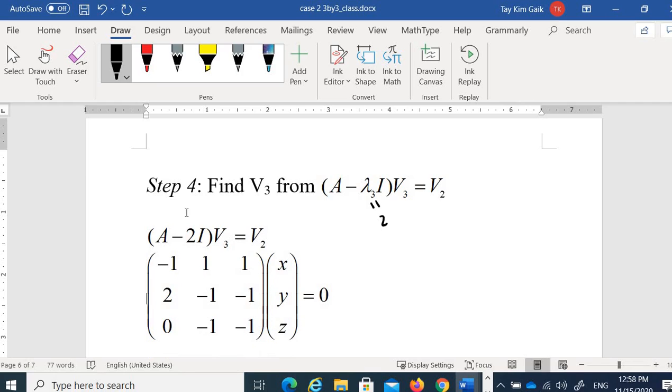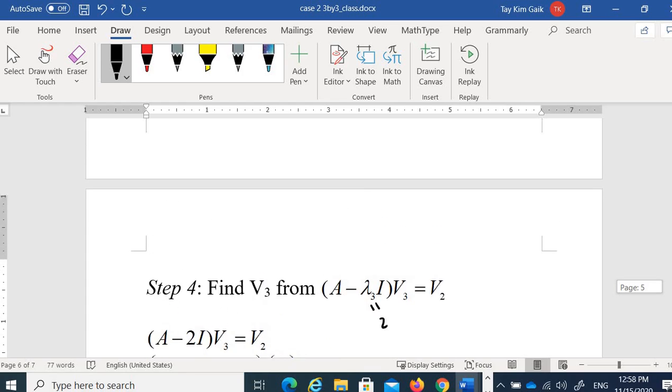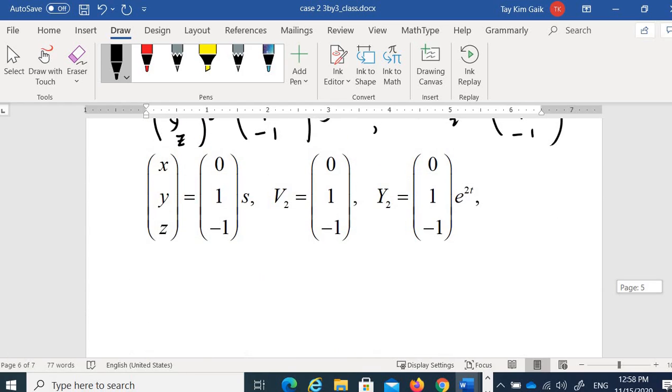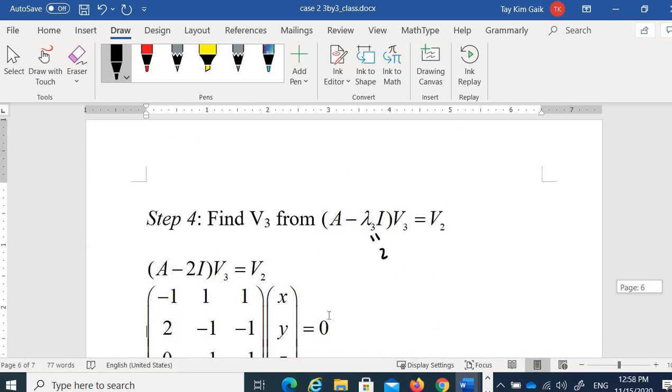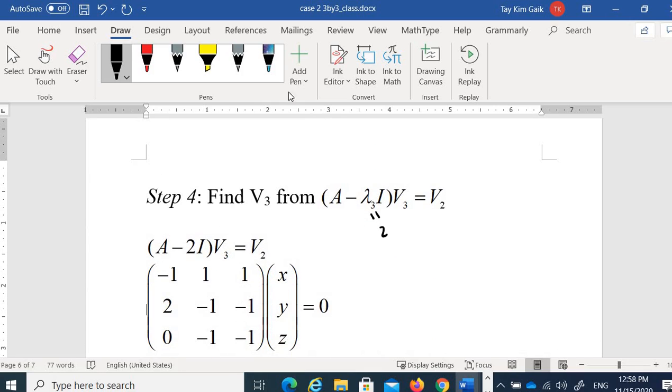But v3, which we also let equal to x, y, z, you have to let it equal to v2. The v2 that you obtained here is 0, 1, negative 1. So replace the v2 that you obtained just now, which is 0, 1, negative 1.